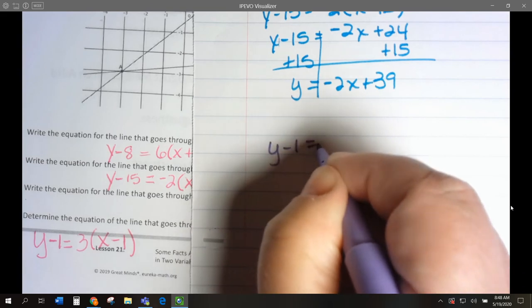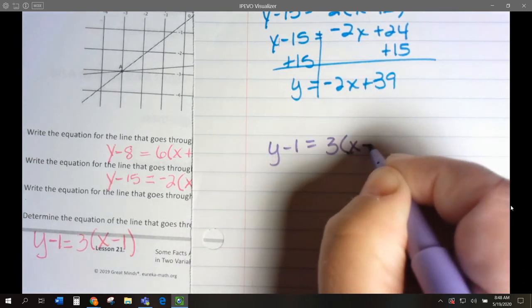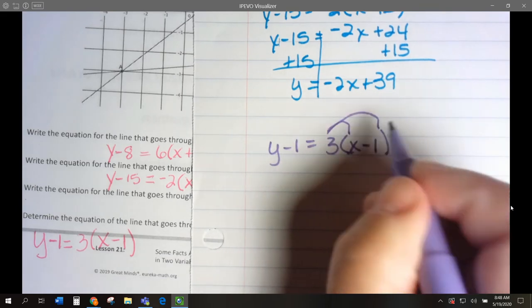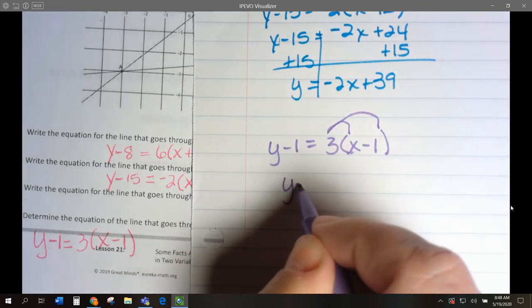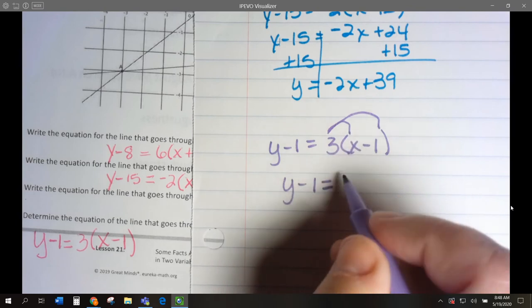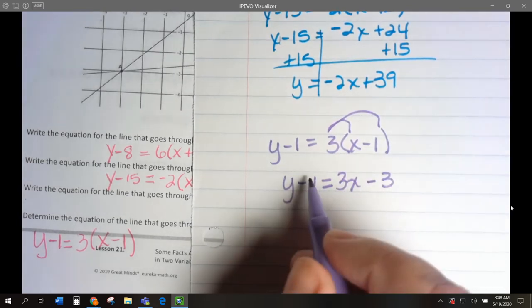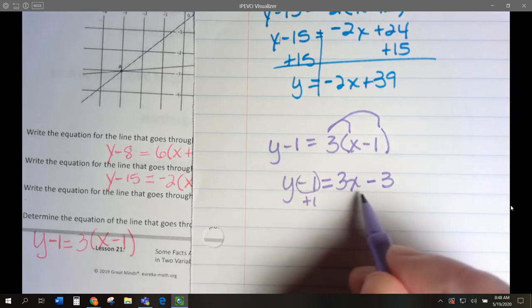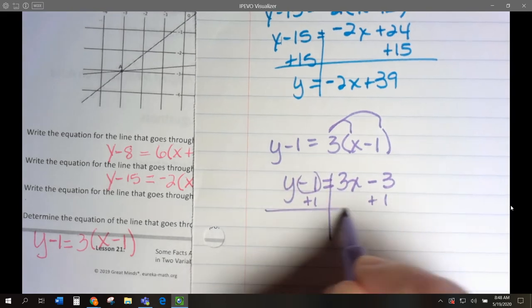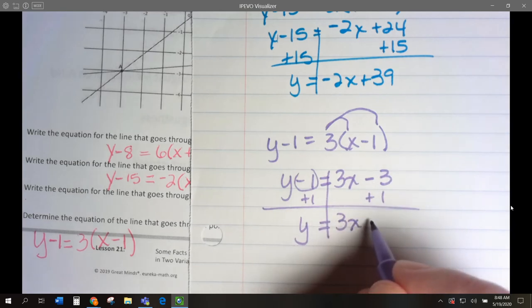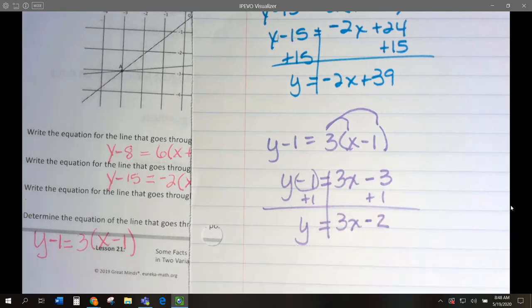Y minus 1 equals 3 times x minus 1. Distributive property. Y minus 1 equals 3x minus 3. Now we got to add 1 to both sides. We get y equals 3x minus 2.